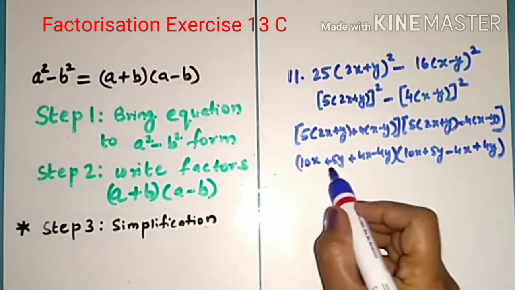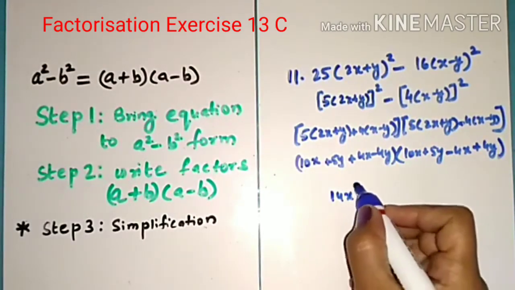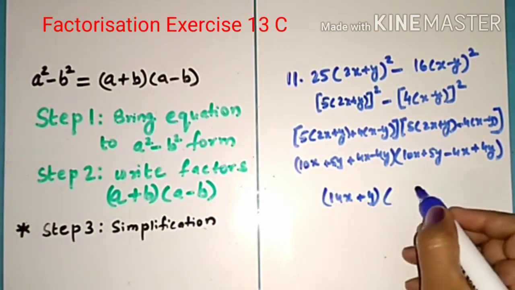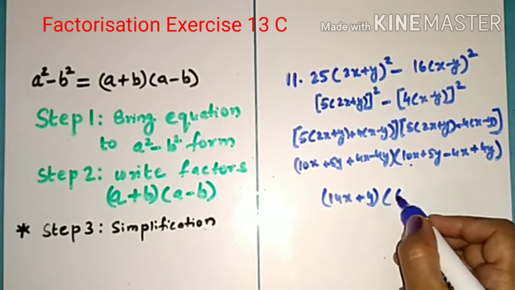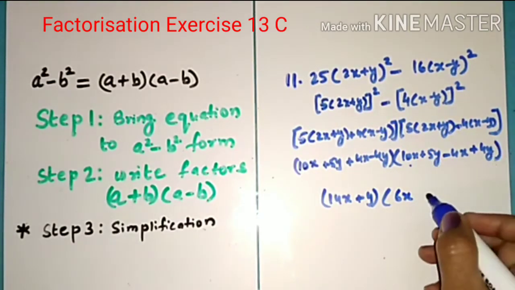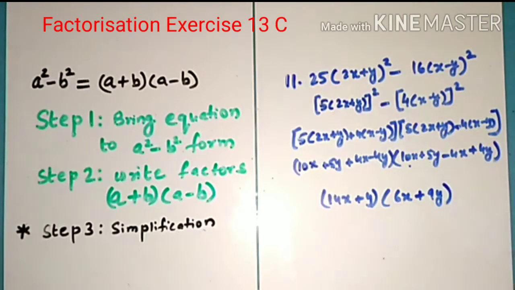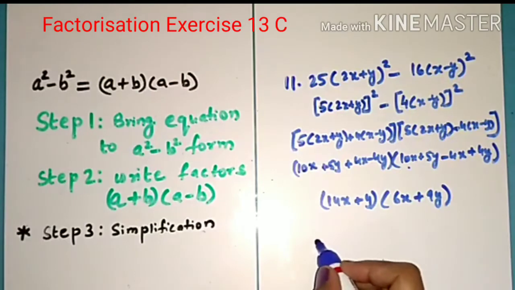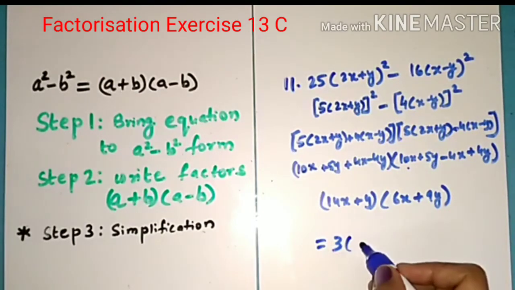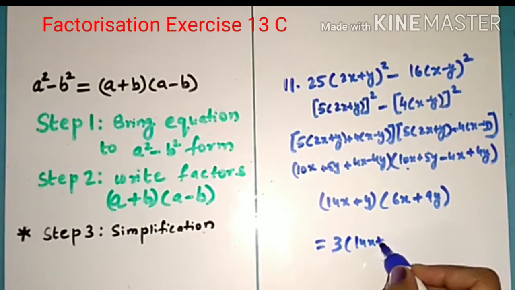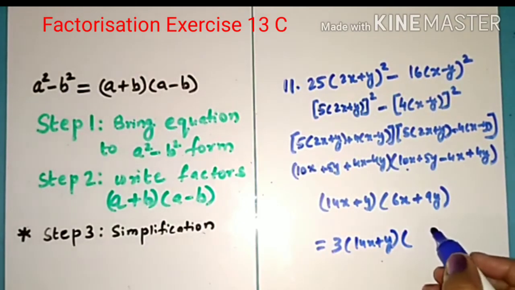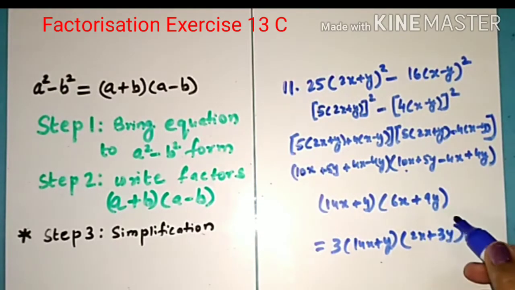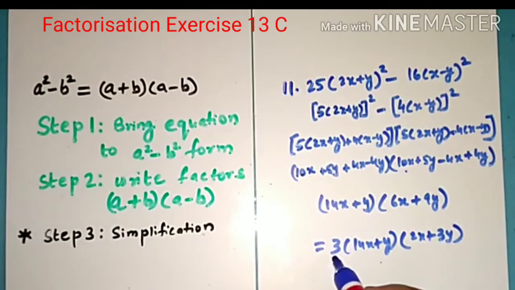Now 10x plus 4x becomes 14x, 5y minus 4y becomes 1y, 10x minus 4x becomes 6x, 5y plus 4y is 9y. Now these two have 3 as a common factor. We will write 3 in front. This will remain same, 14x plus y. This will become 2x plus 3y because 3 we have taken common factor and we have written it in front.